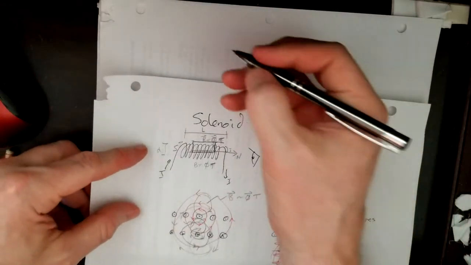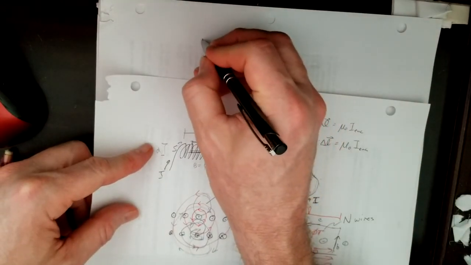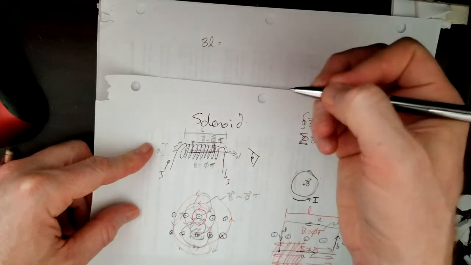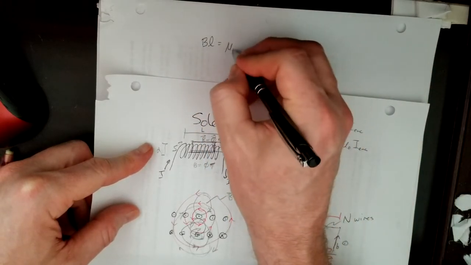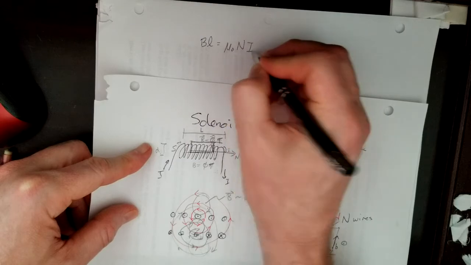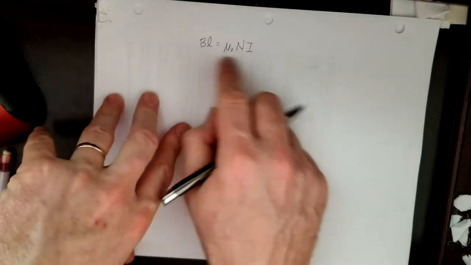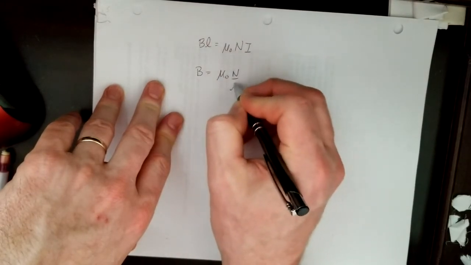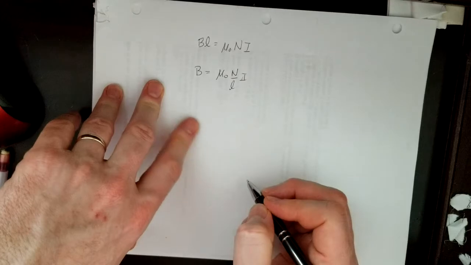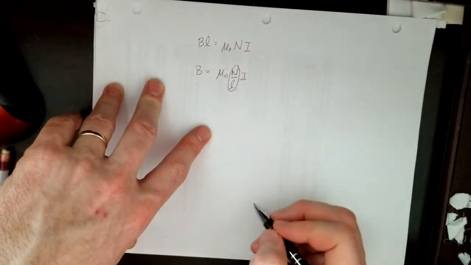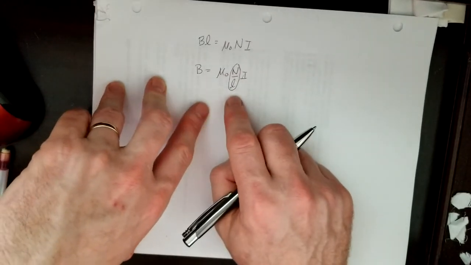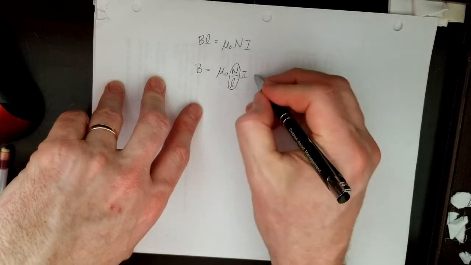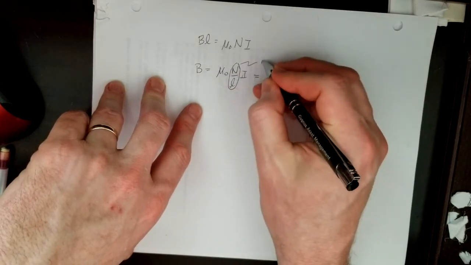So we are now left with BL is equal to mu naught capital N times I. If I divide by the length, I get B is equal to mu naught capital N over L times I. This right here is known as the coil density. It's the number of coils per unit length, and that's symbolized by a lowercase n.